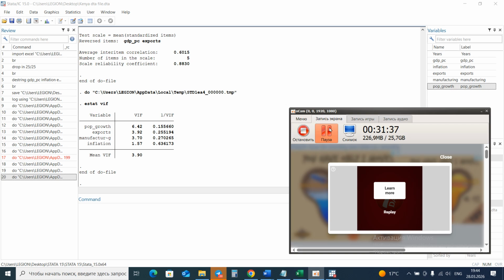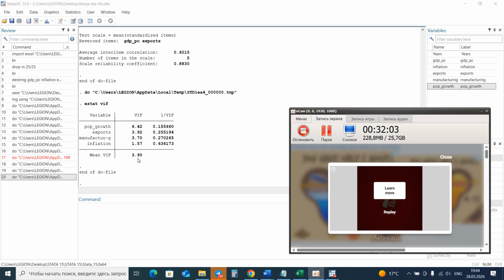It means independent variables are highly correlated with each other. This is a problem because it makes coefficients unstable and makes variables look insignificant even if they matter. Here we have VIF, 1 over VIF, and mean VIF that equals 3.90.